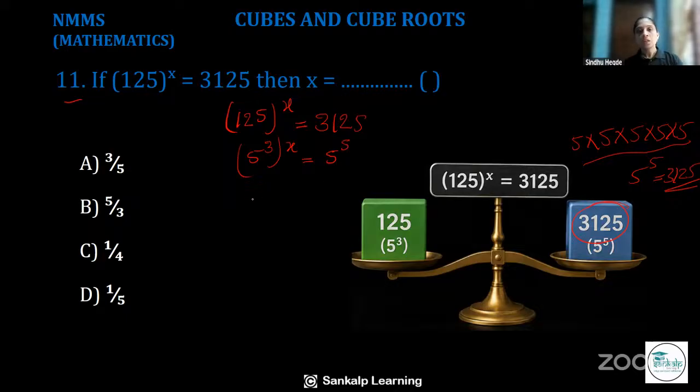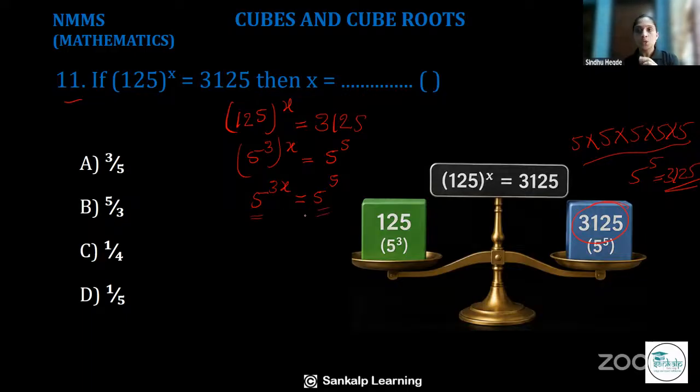Now 5 cube raised to x is nothing but 5 raised to 3 into x. So 5 raised to 3x is equal to 5 raised to 5. Here both the LHS and RHS contain the same base, that is 5.